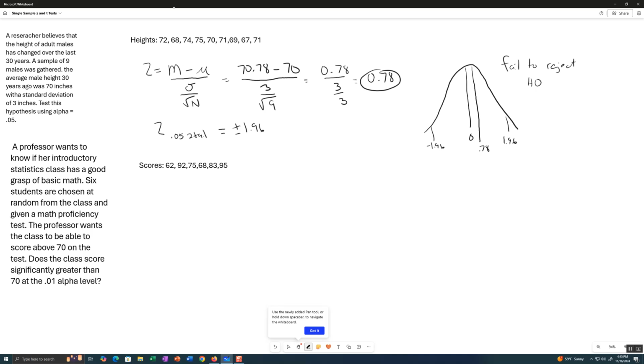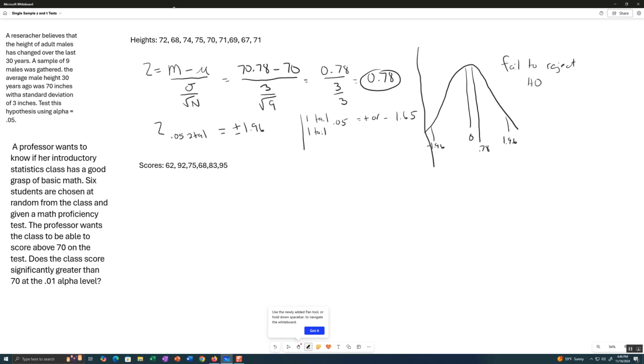Now, this is the two-tailed version, so I'm going to write the box down here of the values. So these are the values you need here. So one tail, 0.05, is going to be either plus or minus 1.65. I'm going to draw a line here.